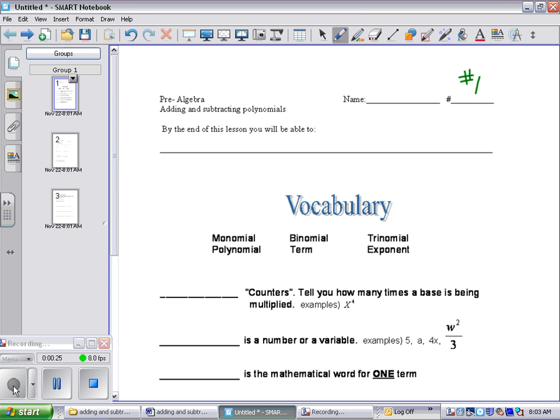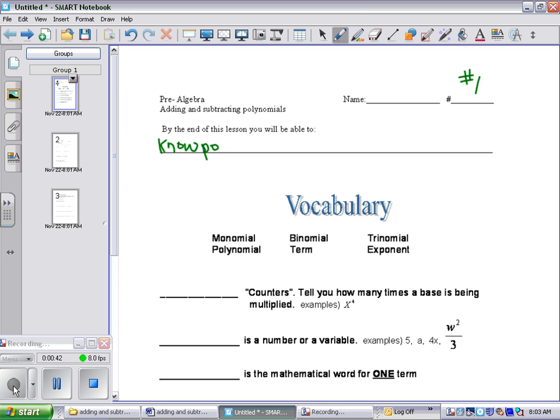So it says by the end of this lesson, you will be able to, so write this down. You'll be able to know polynomial vocabulary and how to add and subtract them. So you'll know polynomial.